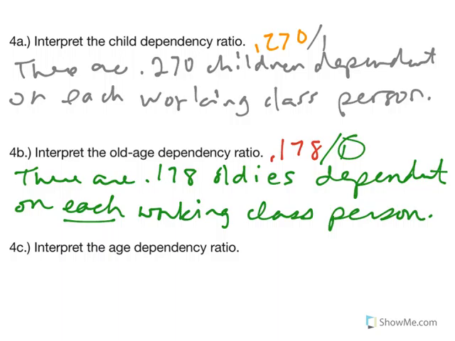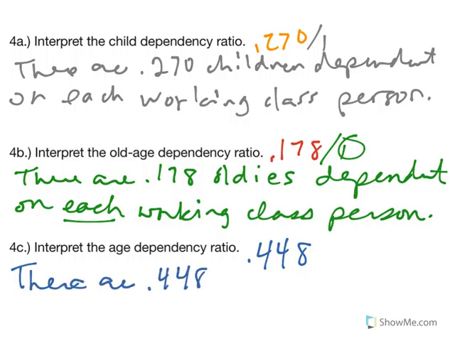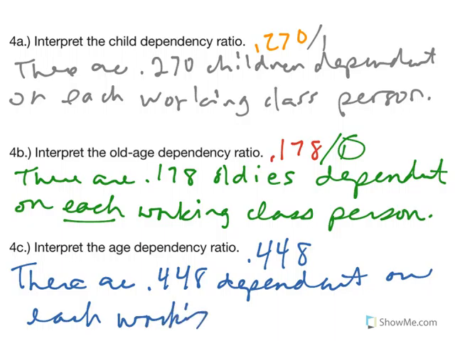So that's why it's on each working class person. And then we get to the age dependency ratio. And the age dependency ratio is 0.448. So we would say there are 0.448 dependents on each working class person.